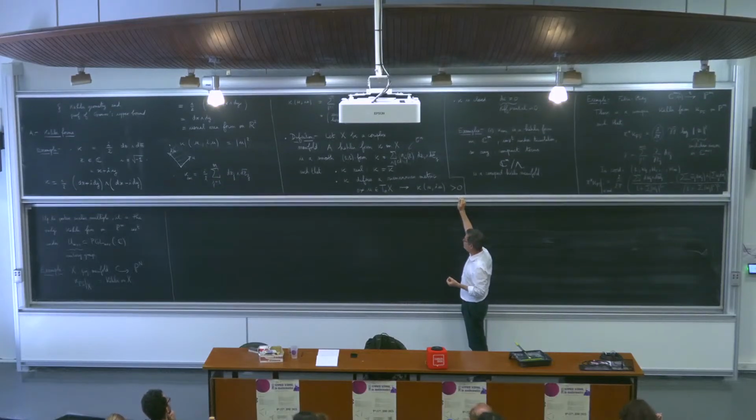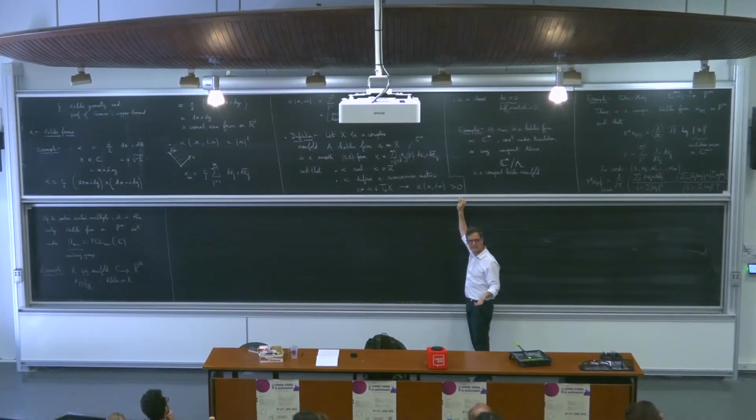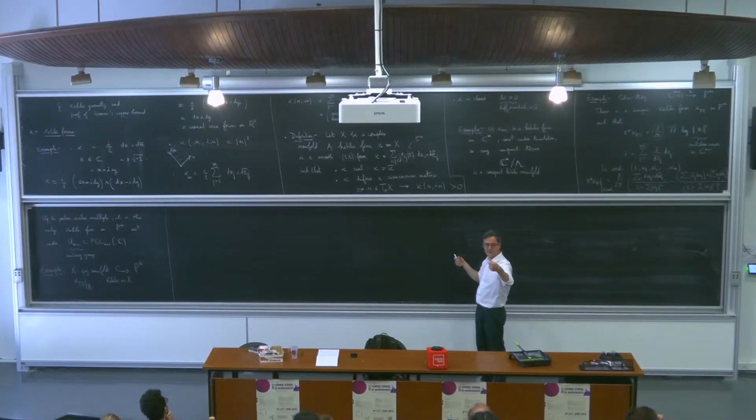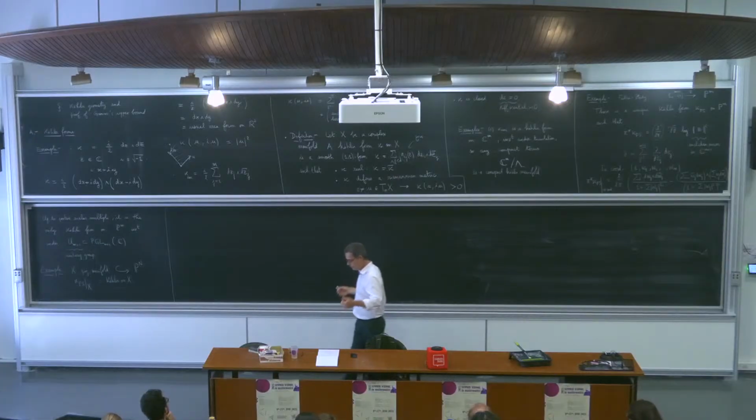And so I can talk about length, volume, distances, things like that. Okay, so the distance between 2 points is you draw a smooth path between the 2 points, and you integrate the speed of the curve. You get a number, which is the length of this path, and then you minimize over all possible paths from x to y. This is your distance.